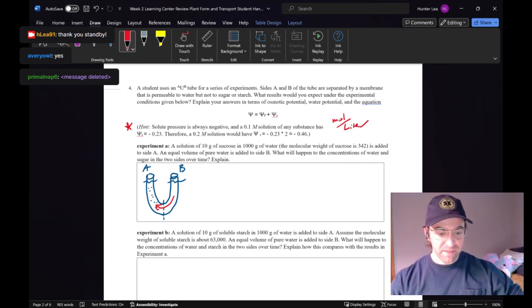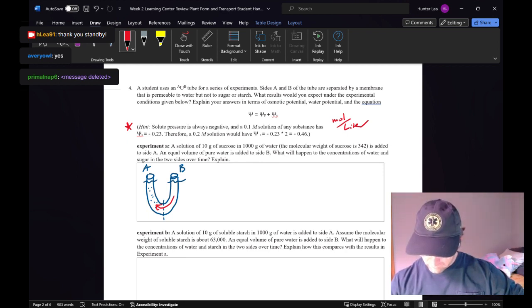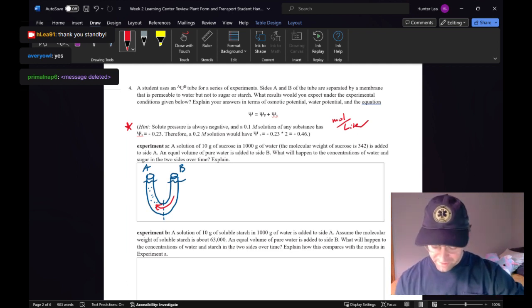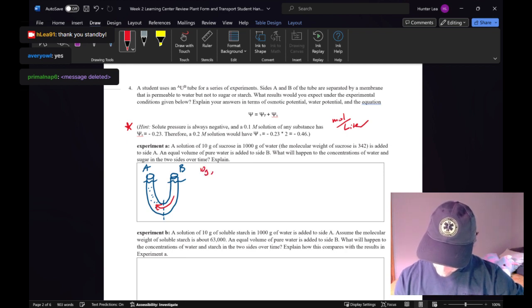Let me make sure I'm not missing anything important here. They do want us to show the math on this, so I'm going to do that. All right. So if we have 10 grams of sucrose, let's do a little dimensional analysis.